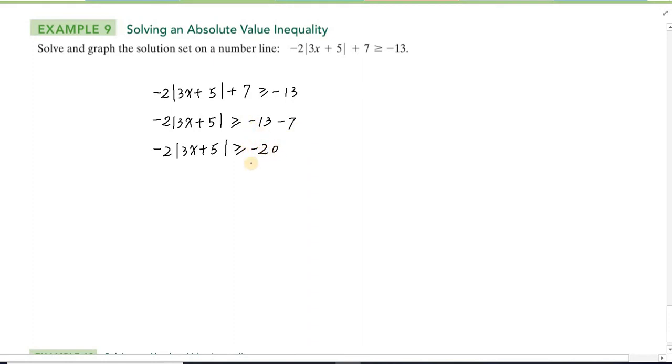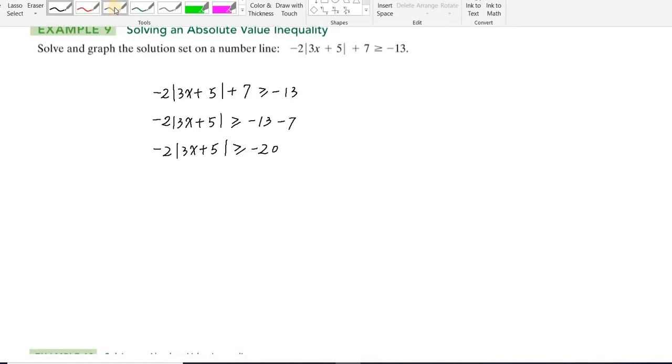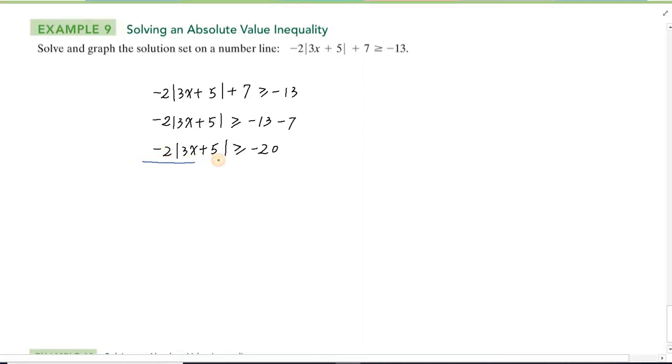Negative 20. Once we have this, the next step is, remember, we're still isolating the absolute value. So we're going to divide by negative 2. Those are going to cancel. Anytime we're dividing by a negative number, we have to change the sign.